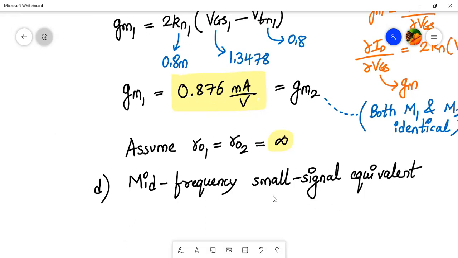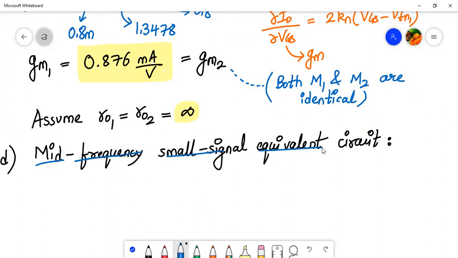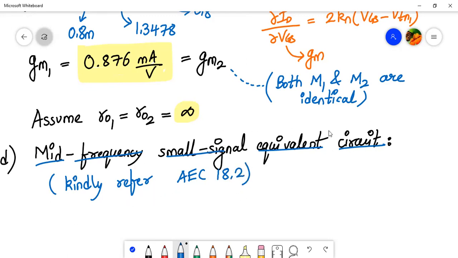Actually, this mid frequency small signal equivalent circuit we have already covered in the last lecture, but still I will show you a glimpse of it from the last lecture itself, so that we can directly continue. Instead of drawing it again, kindly refer to AEC handout 18.2 for drawing the small signal equivalent circuit, mid frequency, and also the formulas.